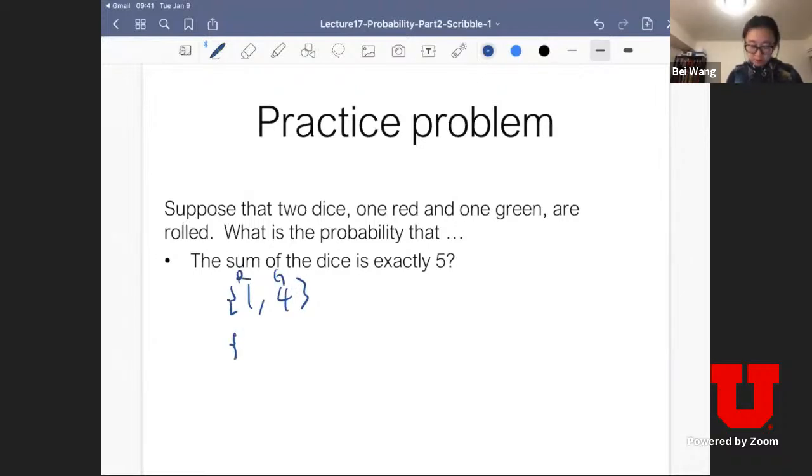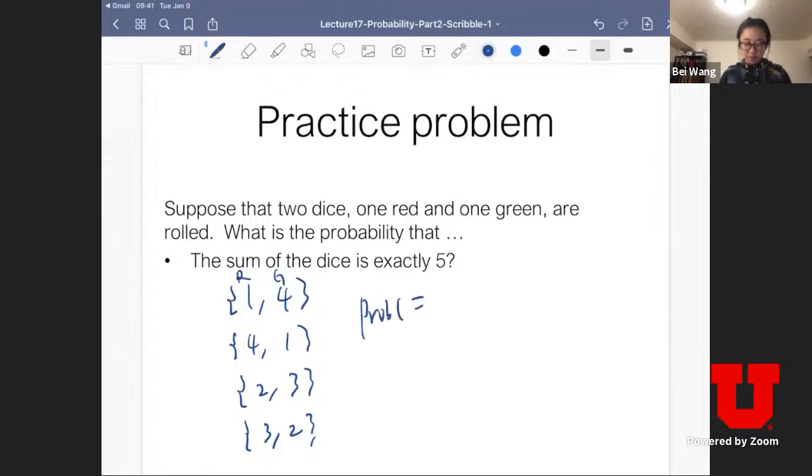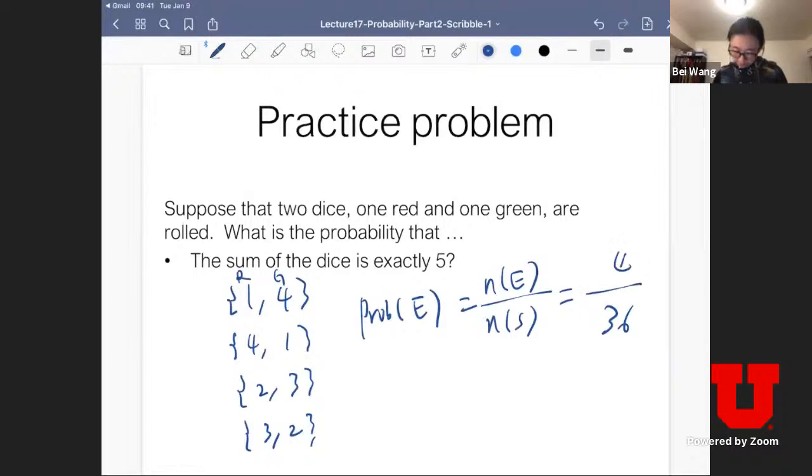Or the red is 4, green is 1. Or the red is 2, green is 3. Or the red is 3, green is 2. So those are all 4 cases. So again, my probability of the event is the size of the successful event over the size of the sample space. The size of the sample space is always 36. You have 4 possible successful outcomes. That's 1 over 9. Okay.